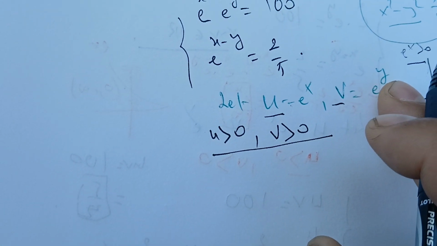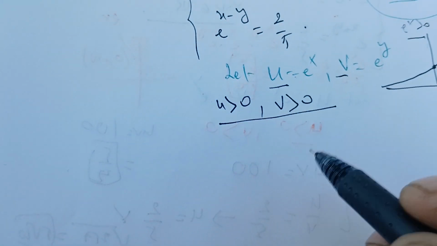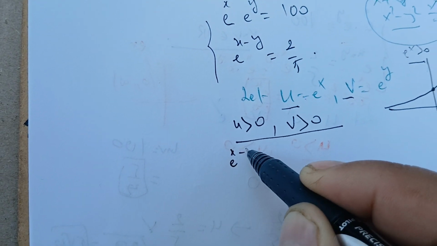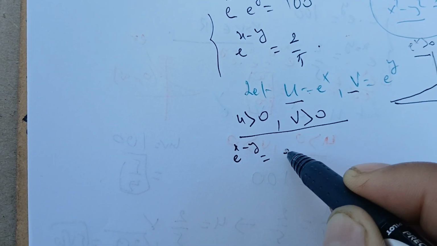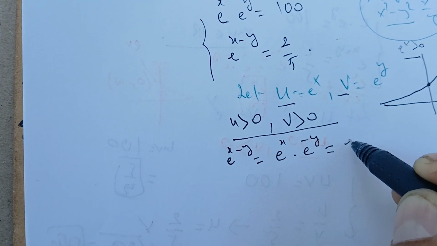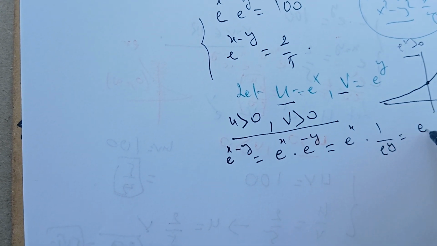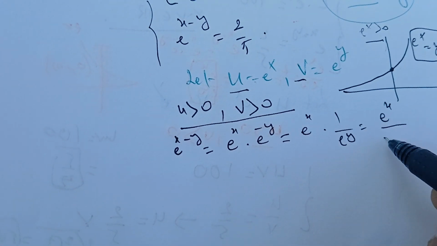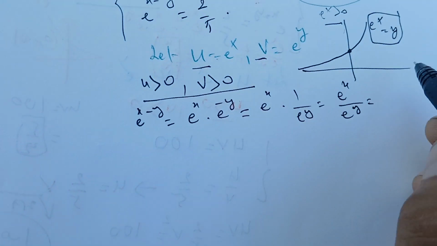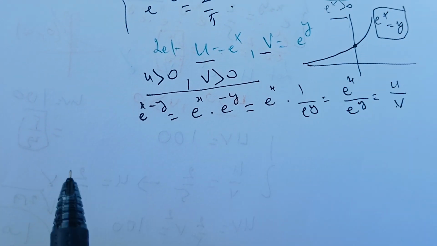Once we get the solution, we want to make sure that we get only these positive solutions because of this condition. Another thing is that the second part of the system, e to the x minus y, can be written as e to the x times e to the minus y, which is e to the x times 1 over e to the y. Using these variables, this is equal to u over v.